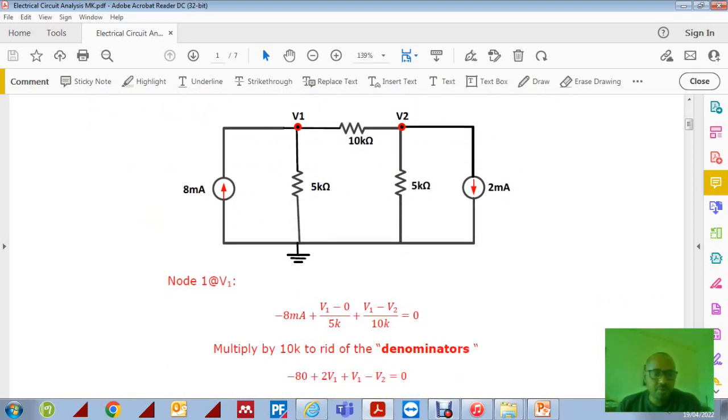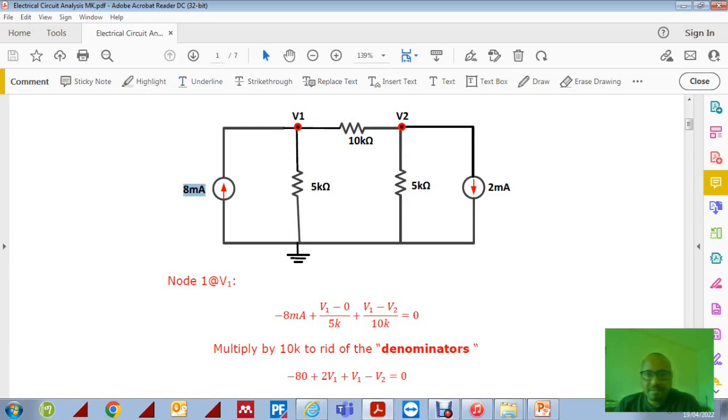So for example, at node 1, which is at V1 also, we can write the current entering the circuit as -8 milliamps, because it is entering.